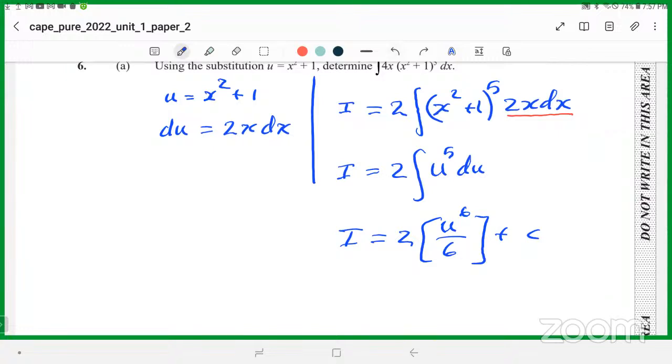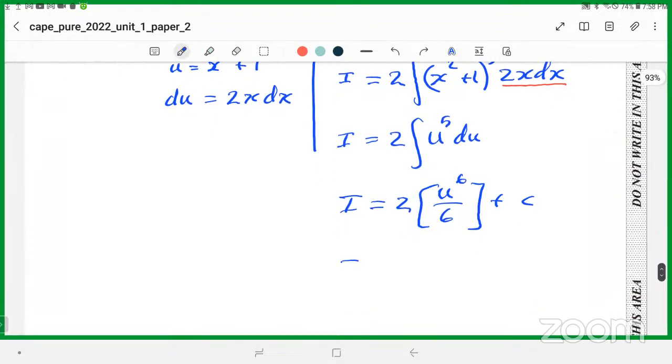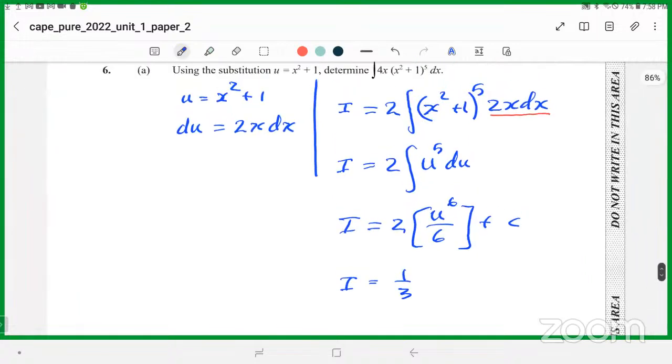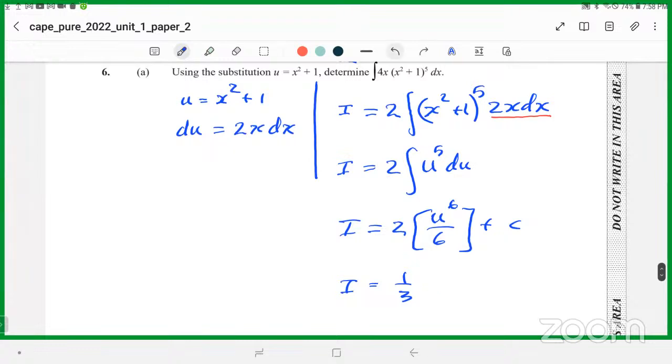And recognize that this 2 over 6 is just a third. So this integral then will become a third, and the u is x squared plus 1, raised to the 6th power, and adding back my c. Understand that?